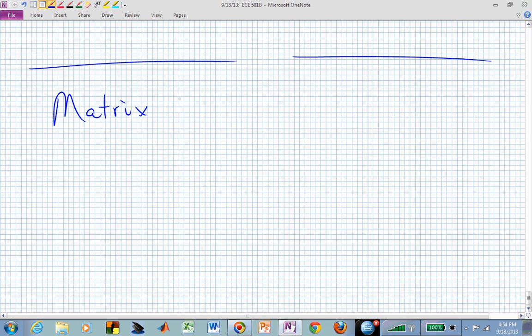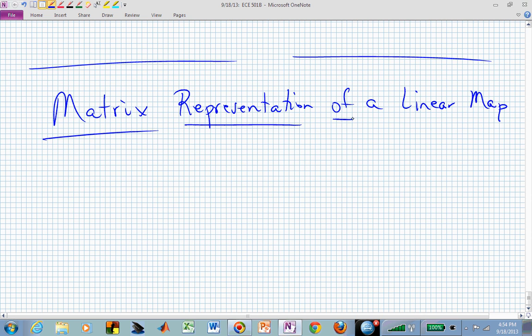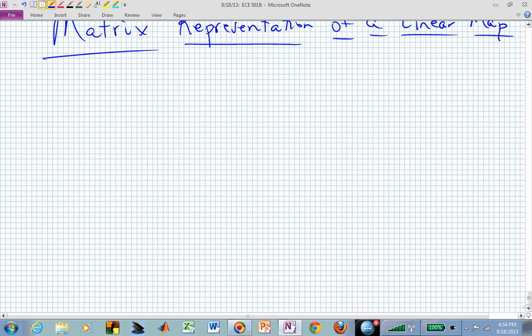And this is now the matrix representation of a linear map. And if you start to get confused, which is the whole point of what I'm doing now, I'm going to try to confuse you, you're going to go, when did matrices get so confusing? It's because now we can talk about these in terms of different bases. I could now have my domain with some basis that may not be the standard basis.